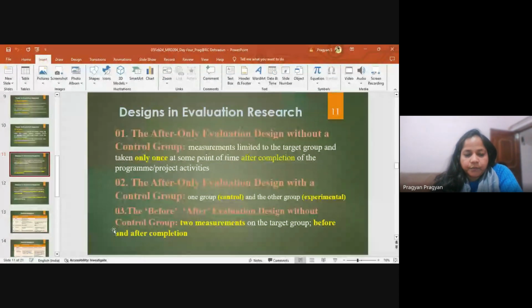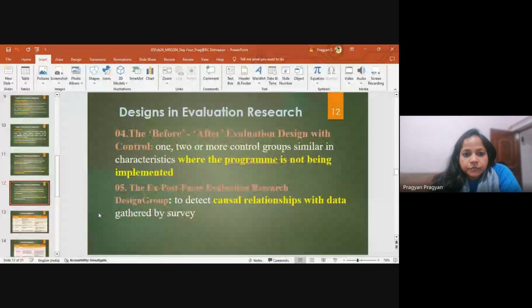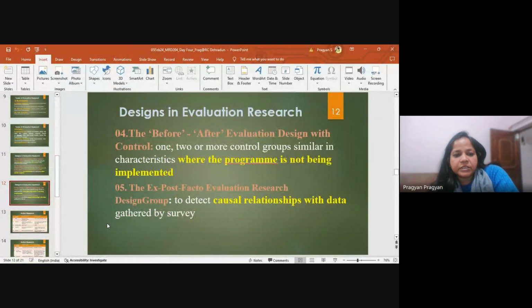Okay, anyway. So the whole idea to understand these various types of designs in evaluation research is to focus, number one, on the frequency, and number two, the time of the evaluation. Nothing special here. Then, last, the ex post facto evaluation research design. In this, we try to understand the causal relationships with data gathered by survey.